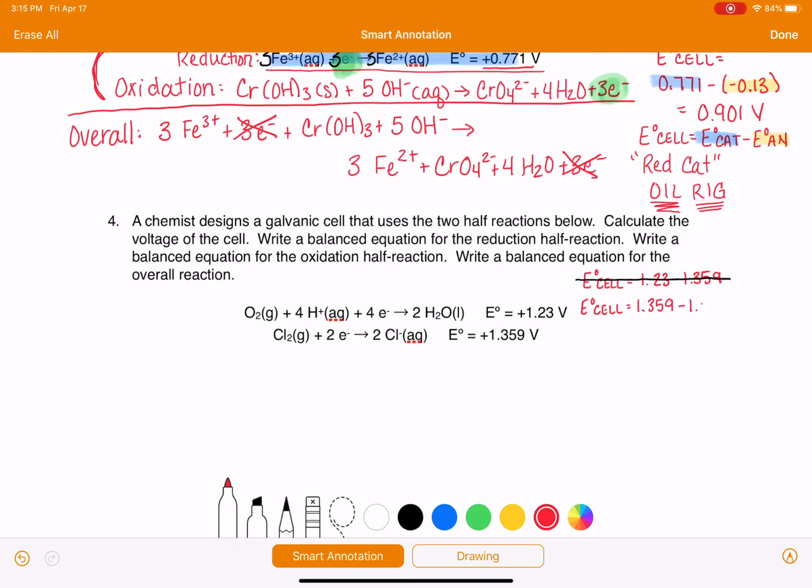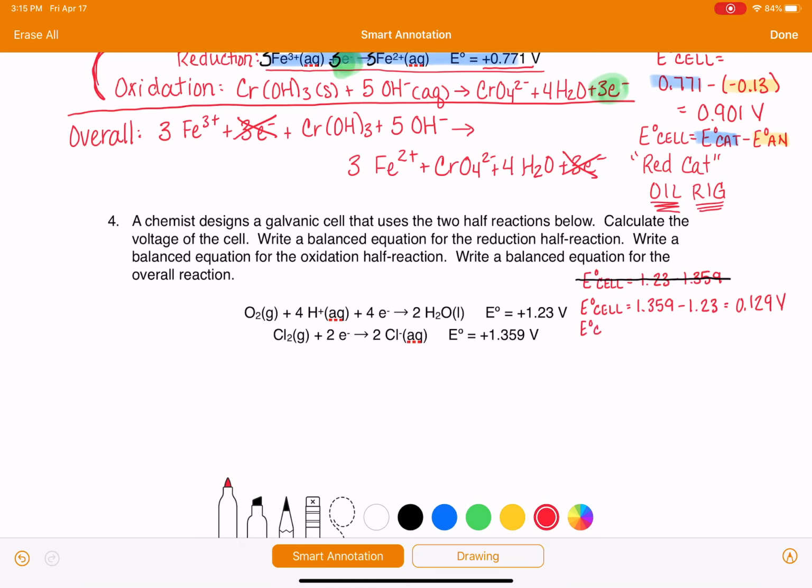1.359 minus 1.23 volts is going to be a very small amount of volts, 0.129. So there is the calculated voltage for the cell. Second thing we have to do is write out our half reactions.